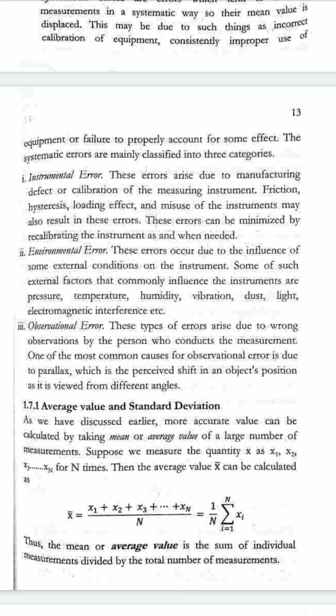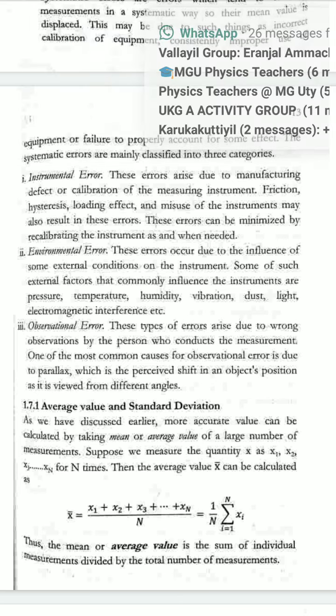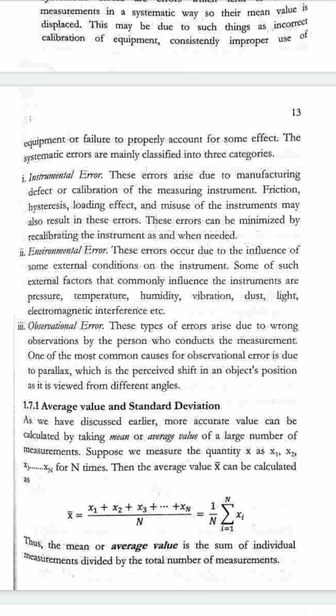So it will not show the correct result. So that makes an error, instrumental error. What is environmental error? These errors occur due to the influence of some external condition of the environment, like humidity, temperature, pressure, vibration, etc. Then observational error. Observational error is due to the wrong observation of the person.